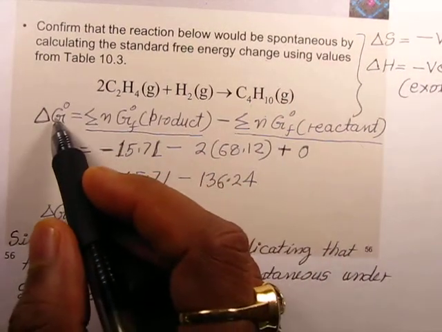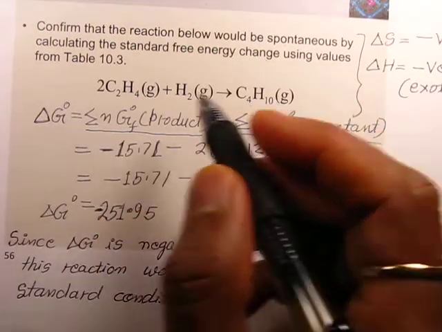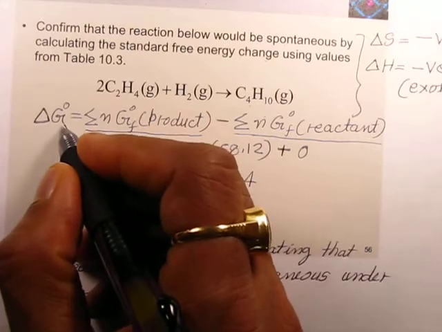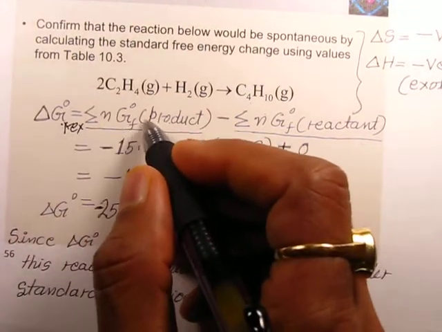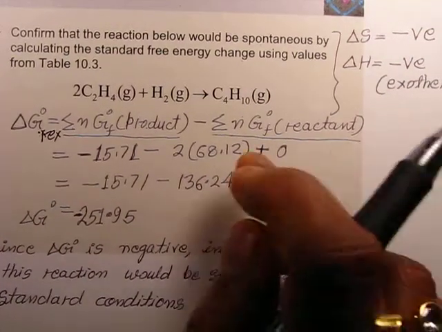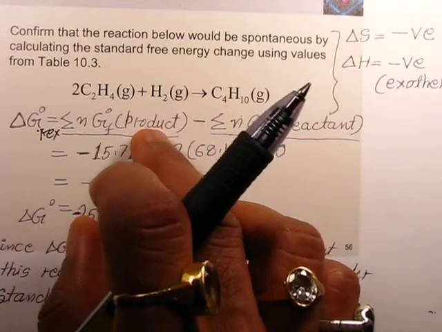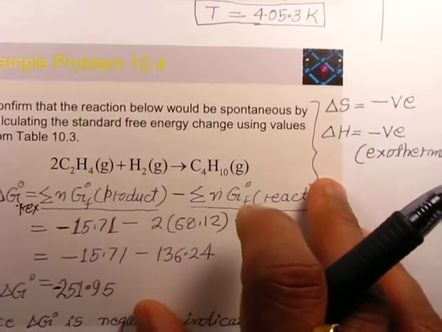We have to calculate delta G in standard condition for this reaction, and it will be equal to product delta G minus reactant delta G. Basically, the free energy of formation of products minus the total free energy of formation of reactants.